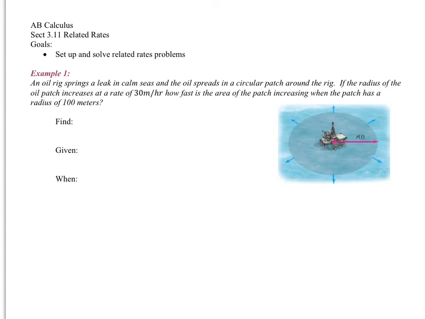So what we want to find is what it says here, how fast is the area of the patch increasing. We're going to call that dA/dt, which is the speed at which the area is increasing.